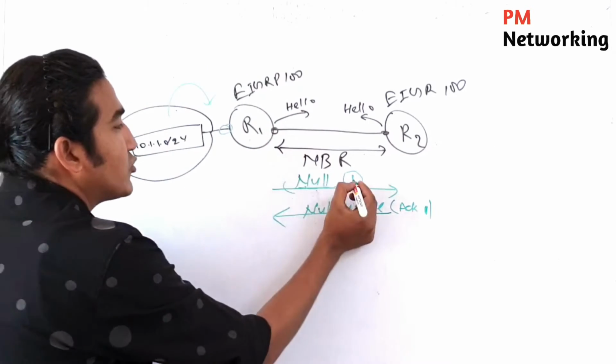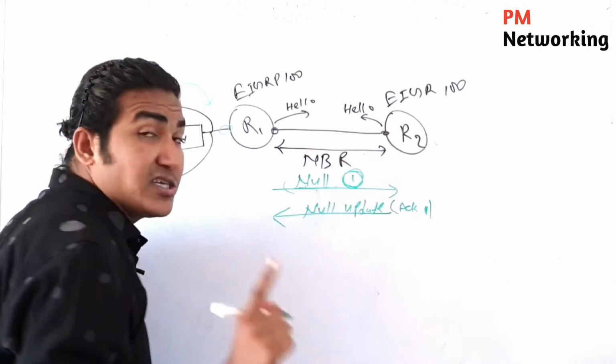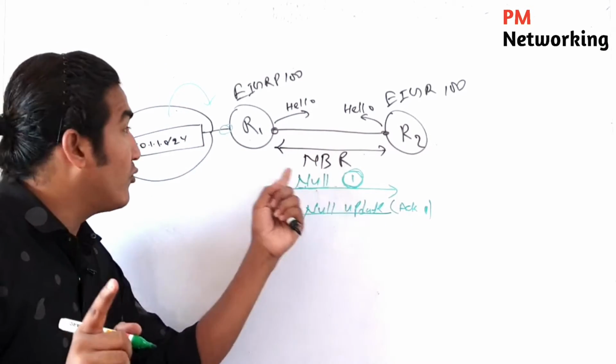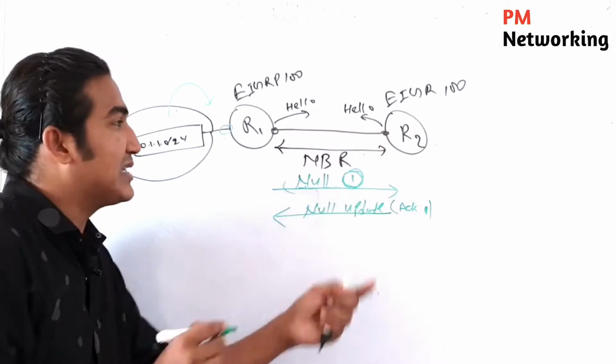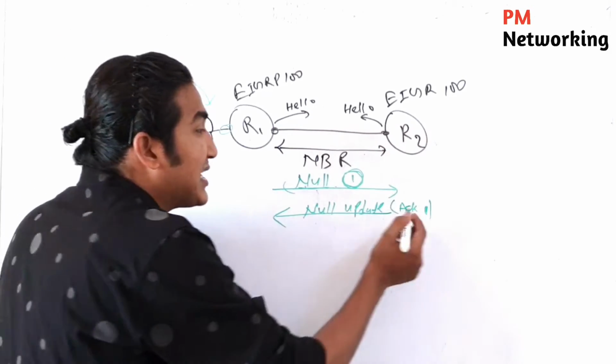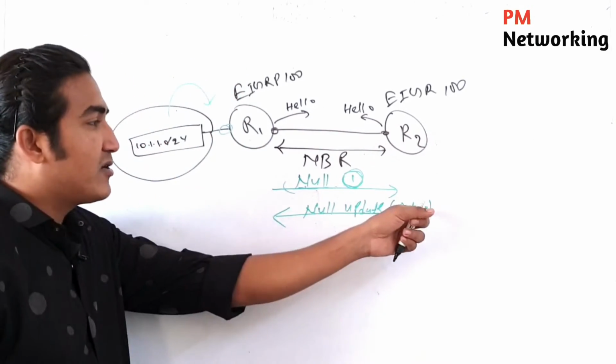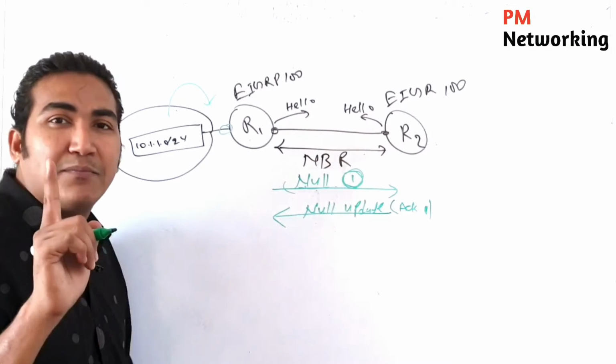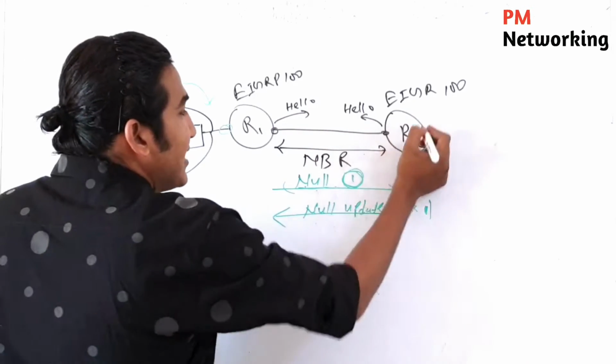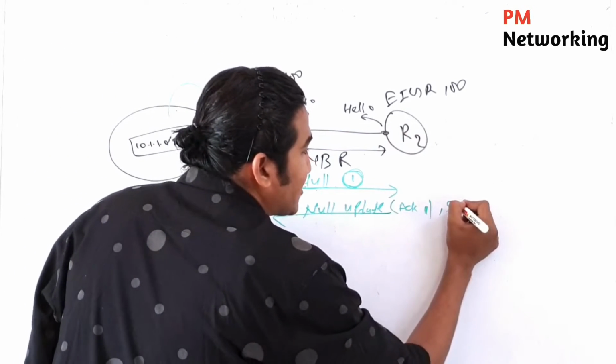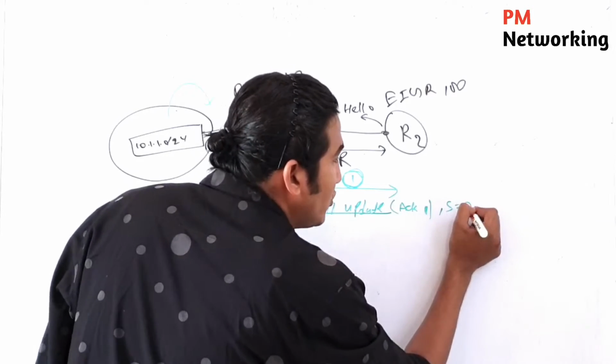Then this router will come to know that yes, my first update, which I sent with sequence number 1, is received by R2. That's why it's acknowledging with acknowledgement number 1. And it will put its own sequence number as well, suppose 2.